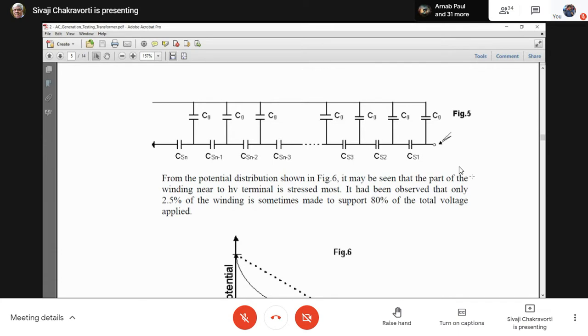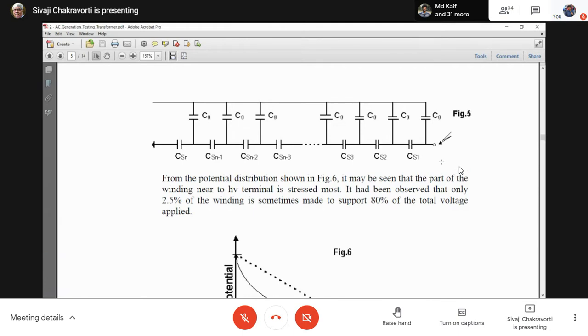So the current through CS2 is not equal to I1; it is slightly less. Therefore the voltage drop across the second capacitor is I2 into 1 by omega CS2. If CS1 and CS2 are equal, because I1 is higher than I2, the voltage across the first group of turns will be higher, and the voltage across the second group of turns will be relatively lower.